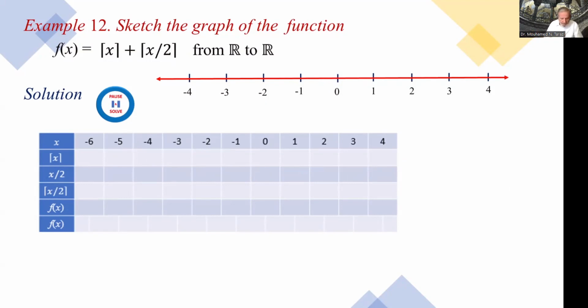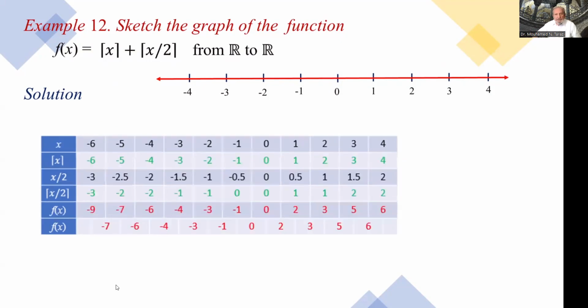Then you add these two to get f(x). And then here is between -6 and -5, here between -5 and -4. So pause and solve. You get this table.